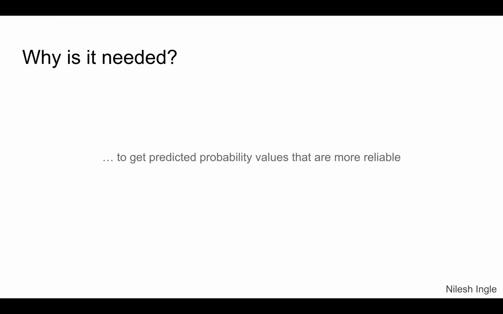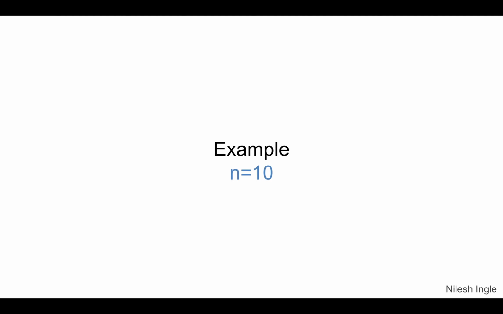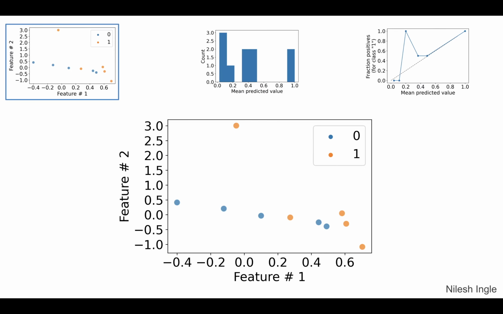And so here is an example. First, I'm going to show just 10 data points, and this is the plot. We have these 10 data points, and there are two classes. Class 1 is the orange dots, and class 0 is the blue dots, and we just have two features as shown here.